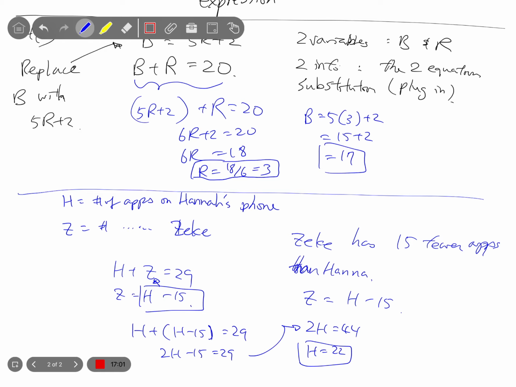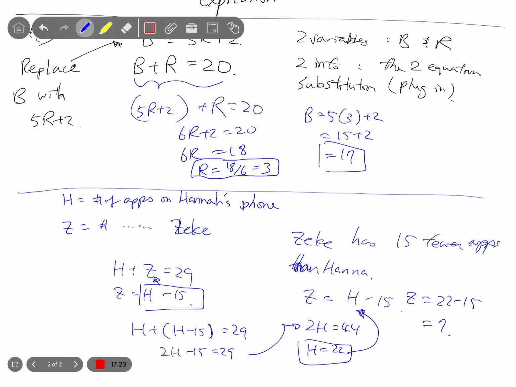And if H is equal to 22, we can figure out what Z is by plugging it back. Z equals 22 minus 15, which is 7. Okay. Hopefully this helps.